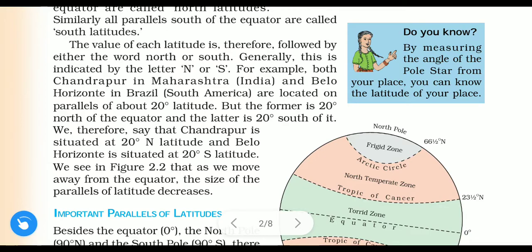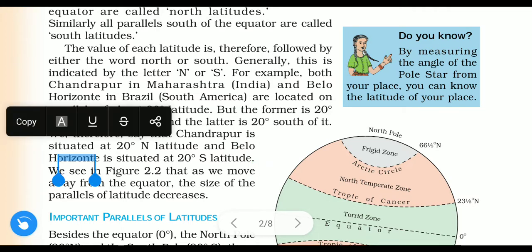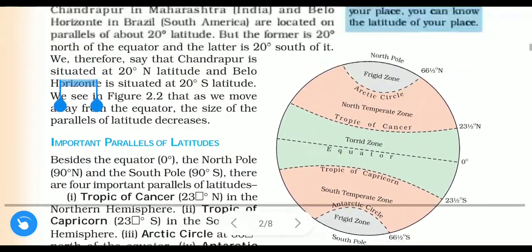See here it is given: Chandrapur is situated at 20 degree north latitude, and Belo Horizonte is situated at 20 degrees south latitude, which is shown in figure 2.2.